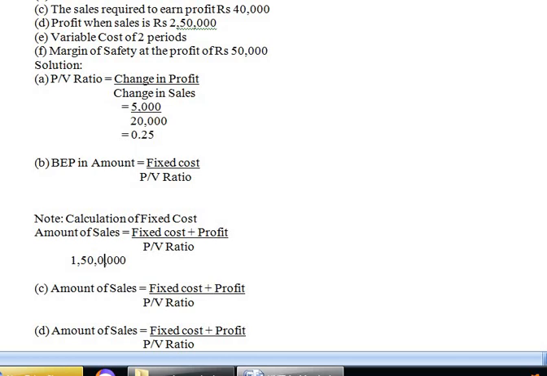Okay, 1,50,000 is equal to, now fixed cost we don't know, we will keep it as it is, plus profit of that particular year we need to take.